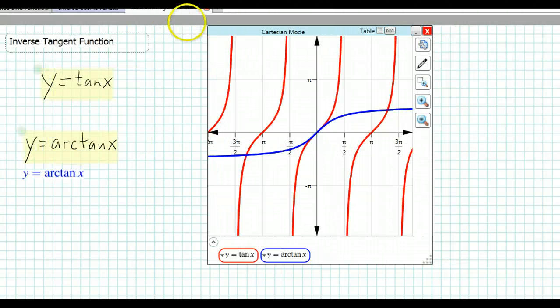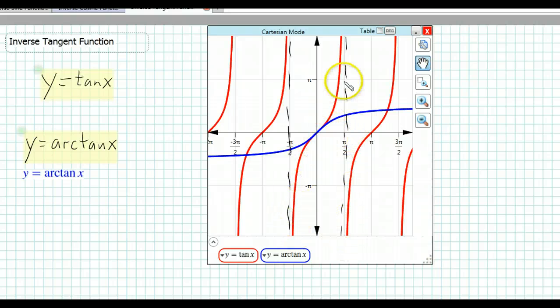Okay, let's talk about the inverse tangent function now. So here you can see the red is regular tangent, which obviously fails the horizontal line test. And so we limit our tangent function to only go between -pi/2 and pi/2.